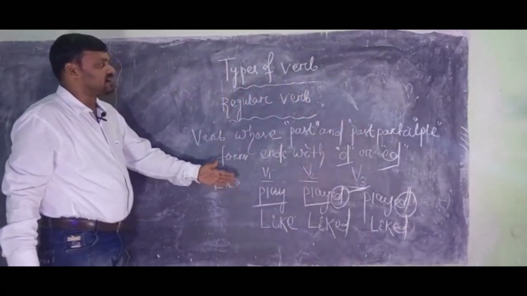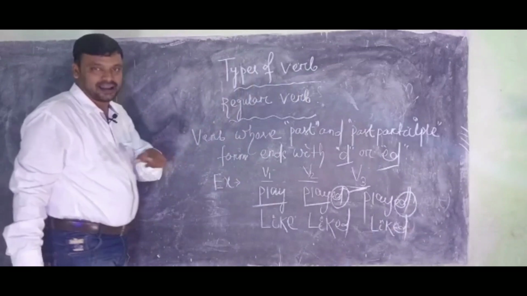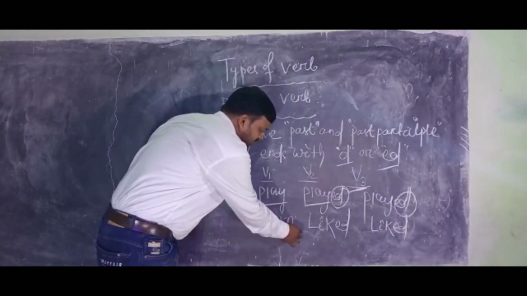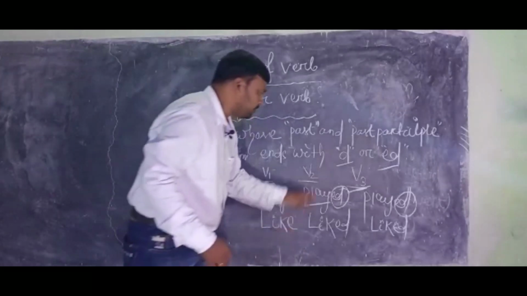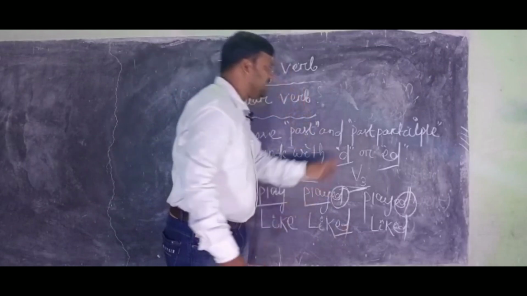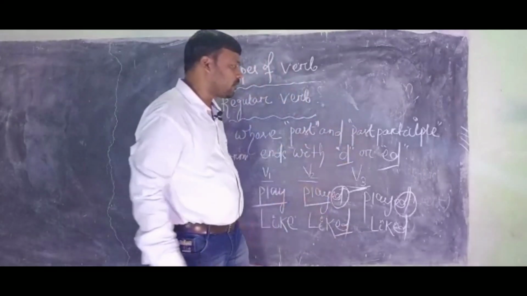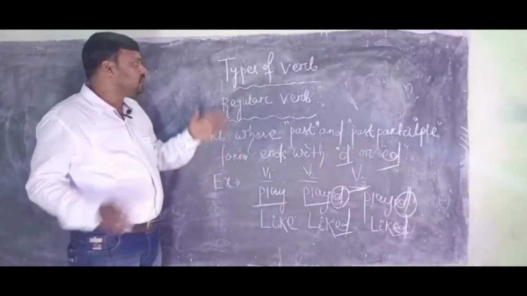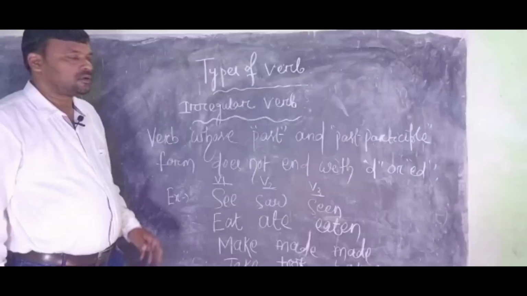So these verbs are called your regular verbs. So let's have another example also, like. Like, and here the past form V2 form ends with d, and also the past participle form ends with d, and these verbs are also called the regular verb.